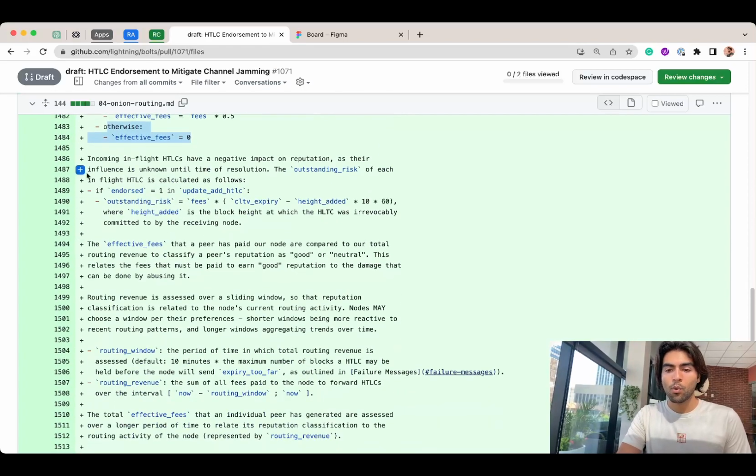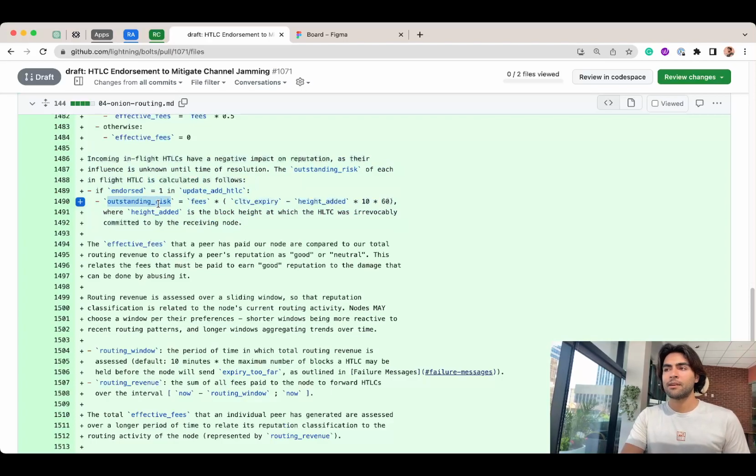So that's the thing. Okay, in the next step, we want to calculate the risk that we are tolerating for the in-flight HTLCs. So in this part, we want to prevent a peer that has a good reputation with us from being able to abuse that reputation with a burst of in-flight HTLCs. So we calculate the risk for each in-flight HTLC and subtract that from the reputation of the neighbor.